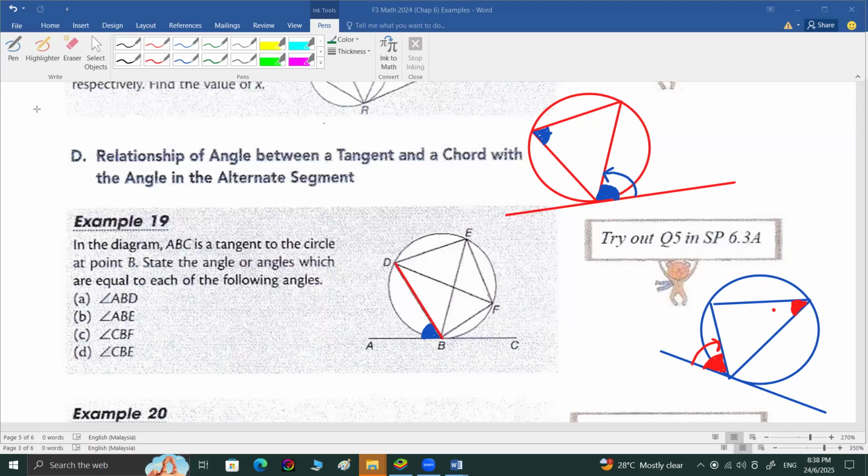You have to see the triangle that is related. Class, if you have done, you wait for me for a while, or you can listen to my explanation here. See this line? So you find the relation, the triangle.